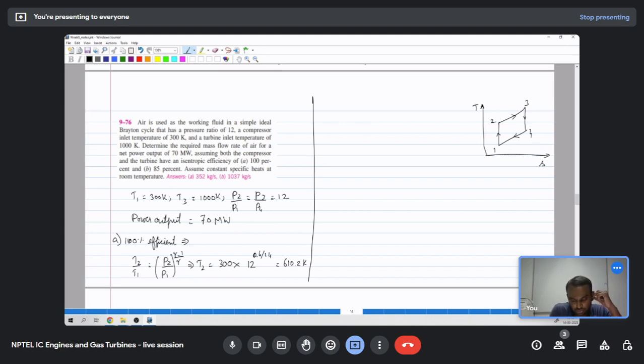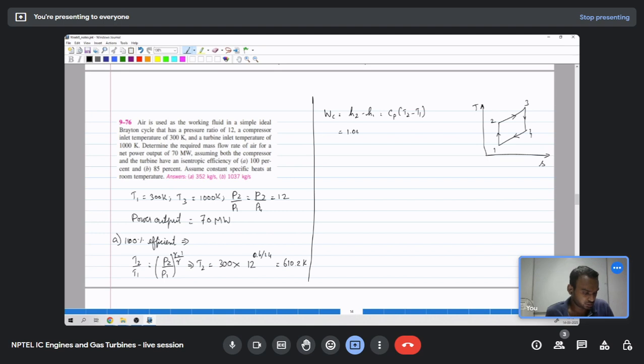Now we can calculate the compressor work. WC is enthalpy at state 2 minus enthalpy at state 1, which is Cp into T2 minus T1.